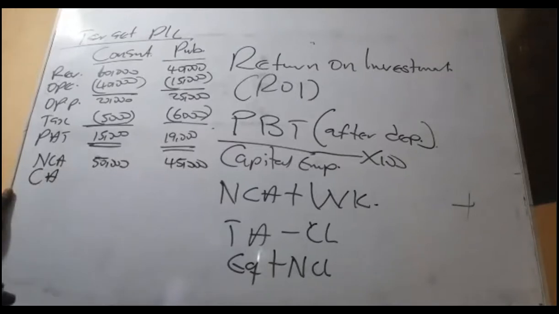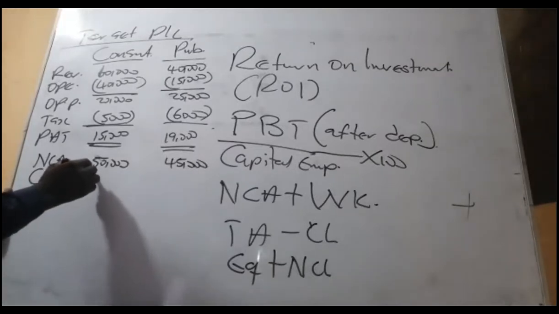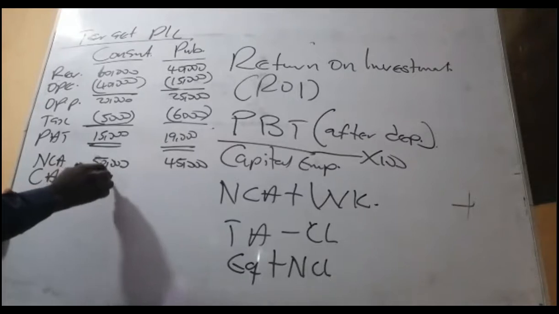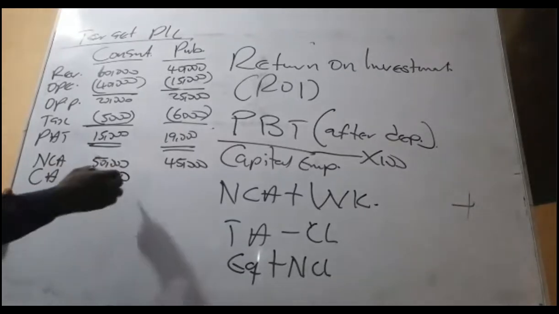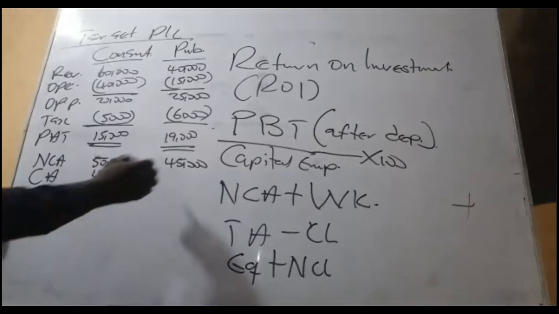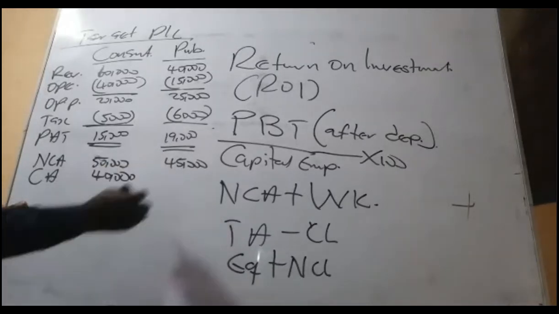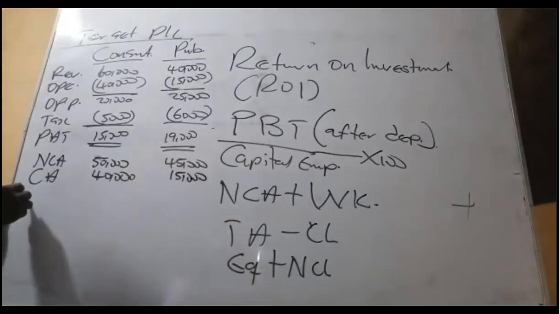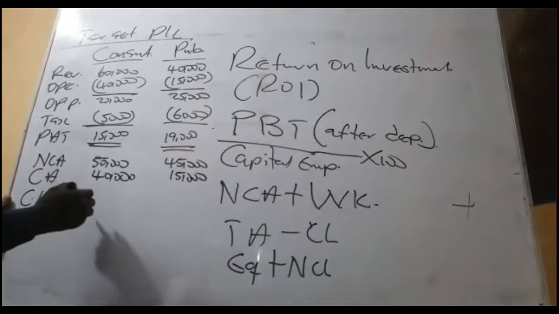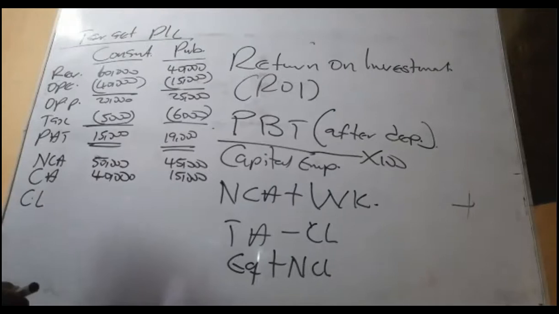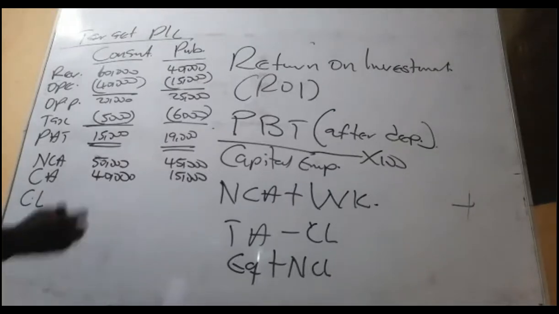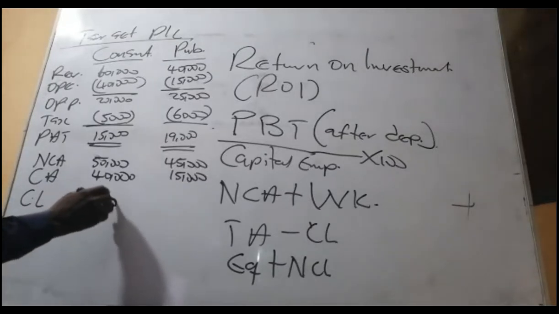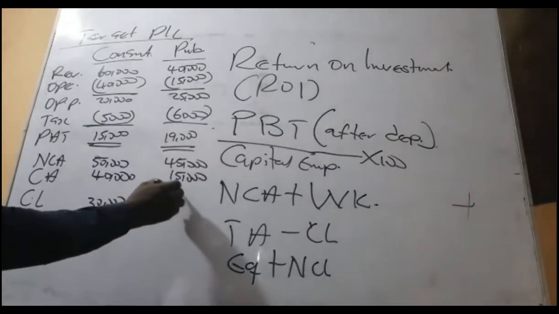Current assets happen to be 40,000, and here 15,000. Then current liability is 30,000, and here 10,000.